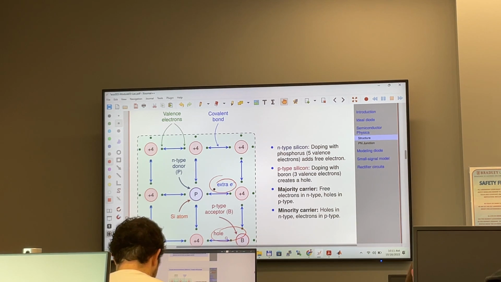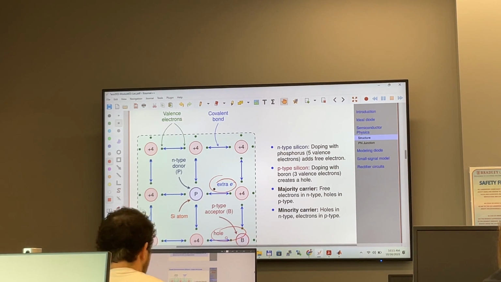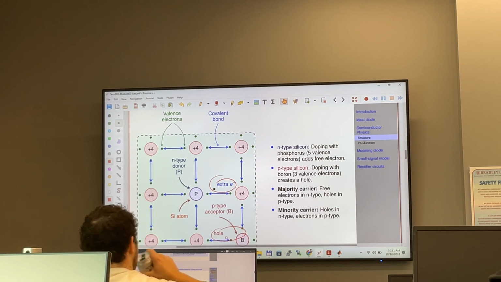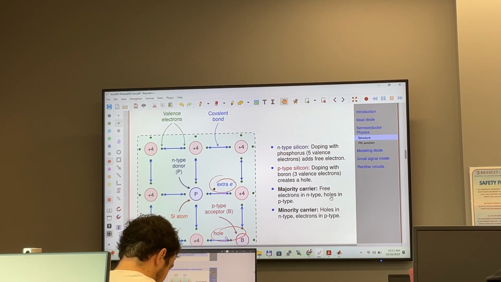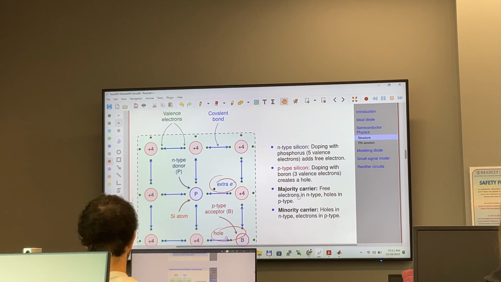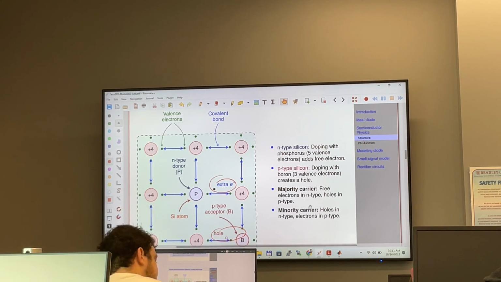So in p-type material, the majority charge carrier would be holes, and in N-type material, the majority charge carrier is going to be free electrons.